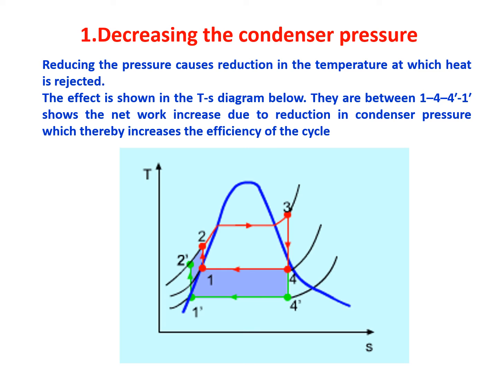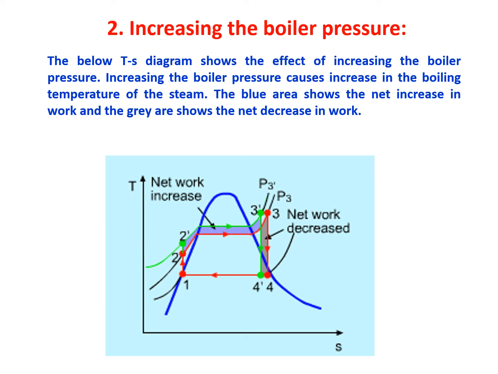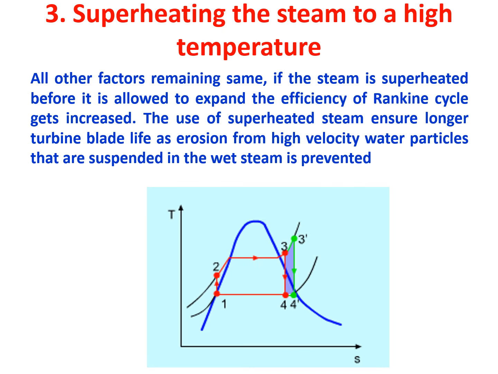In the temperature-entropy diagram, the area denotes the heat. Looking at the boiler pressure, here also we are increasing that area, that is, 2-3, the pressure has been increased. And if you increase the temperature from 3 to 3', we are again increasing the area and the efficiency of the plant.